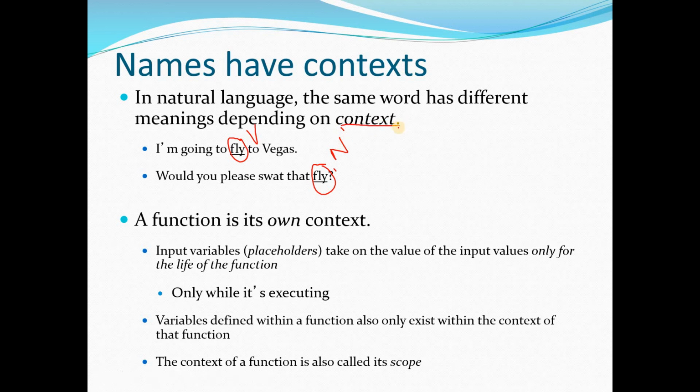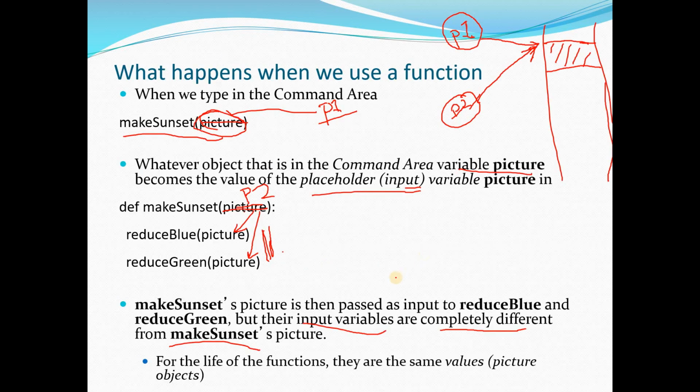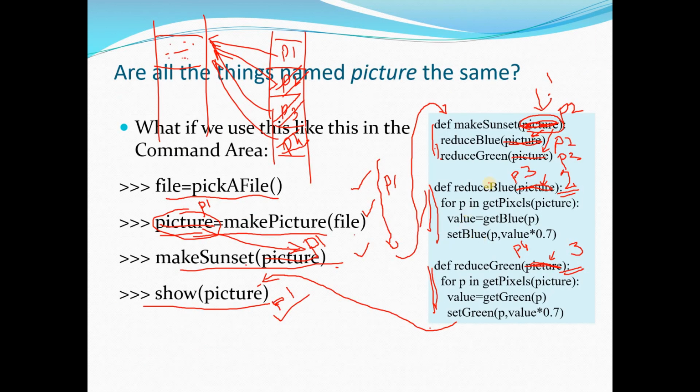Similarly, a function will have its own context when you create a function. Whatever are the input variables, they are created and stored over there. For example, if you go back, if I have a function over here, reduce blue, inside this function P3 will exist, the variable P3. Inside this for loop, I have a new variable called p.